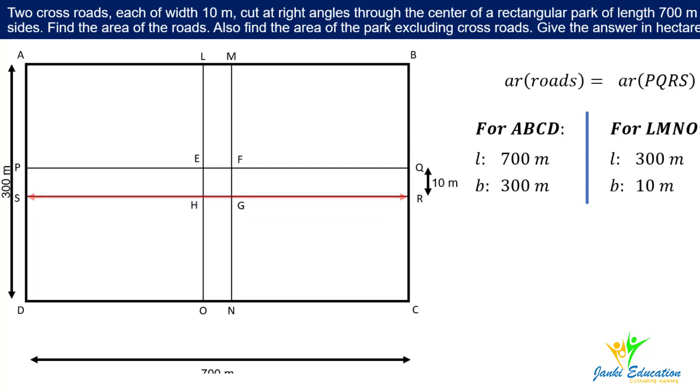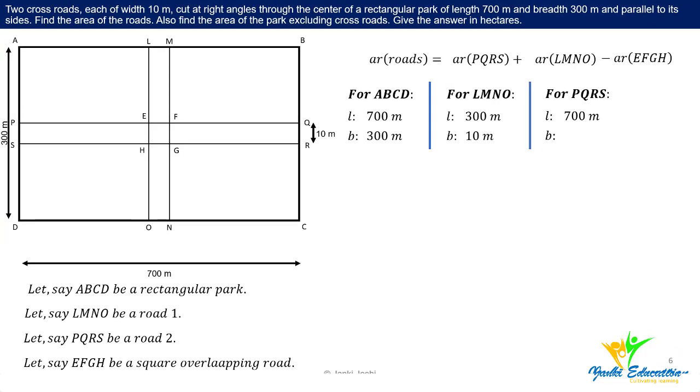So length of this road also becomes 700 meter, and breadth, that is width of the road, is nothing but 10 meter. And for this EFGH at the center, it is 10 meter. So the side of the square becomes 10 meter.